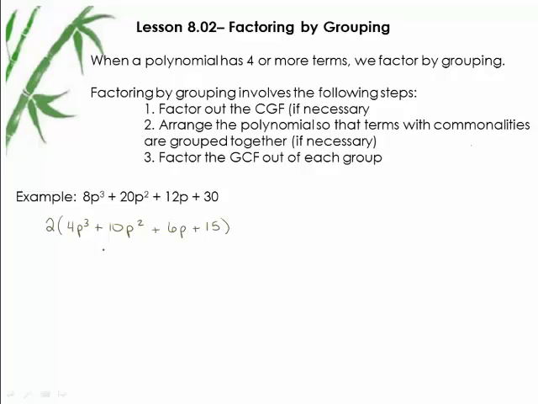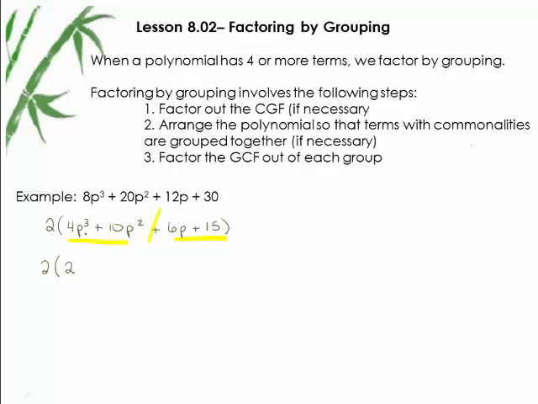Now I factor the GCF out of each group. So what I want to do is I split the 4 terms into 2 sets of 2. So I have this first group, and then I have a second group. Now that I've split this into groups, I look at the 4p to the third and 10p squared.